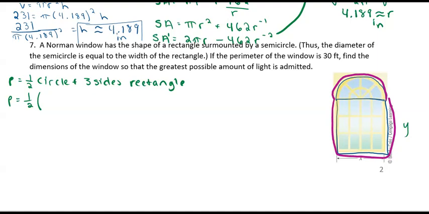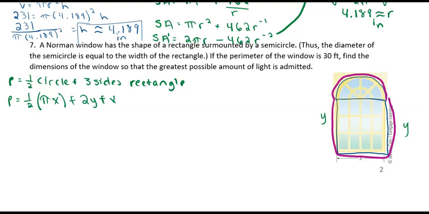The diameter right here is x, so we have half of pi x in this case. And then we need our 3 sides. One side is just x at the bottom, and then we have y on the vertical and y on the vertical. So 2y plus x. You could have done x plus 2y. That doesn't change anything.